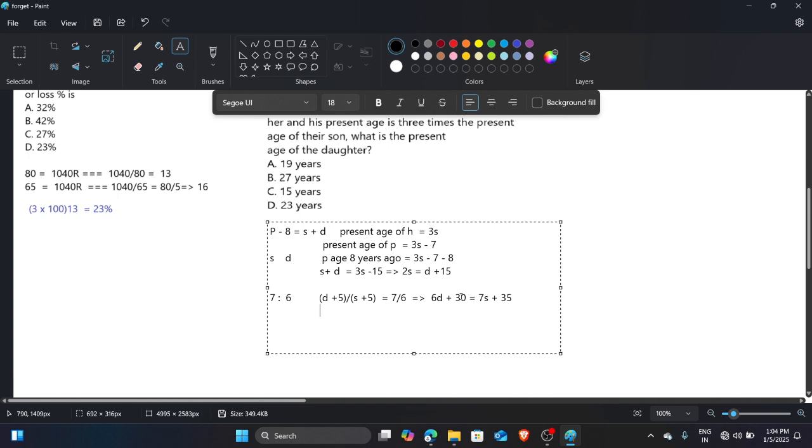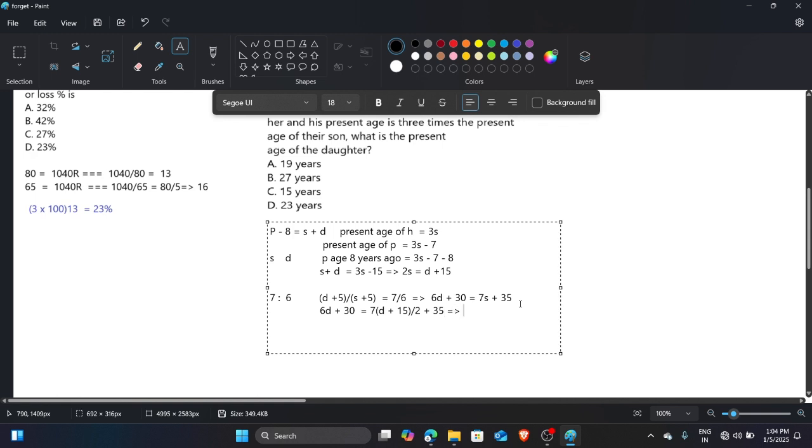So the equation is nothing but 6, because we need the daughter's age, so that's why I'm taking the s value and putting it here. 30 equal to 7, and in the place of s we put d plus 15 divided by 2. Okay, and plus 35 is already there.